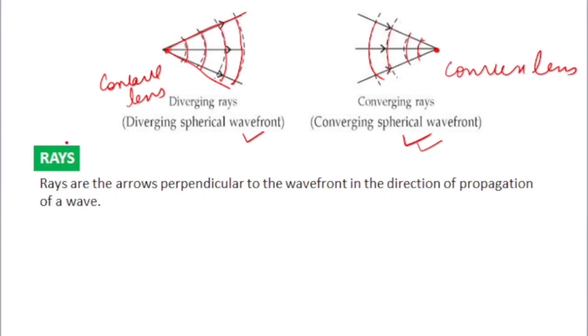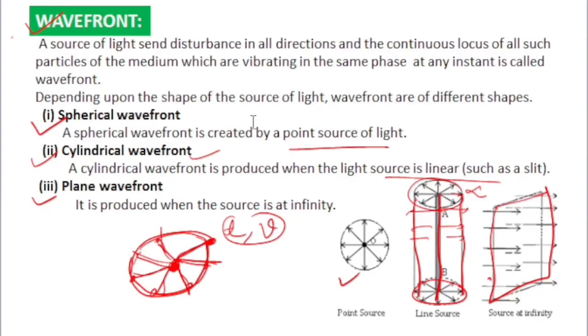Right? Now what do you mean by a ray? This is the arrow drawn perpendicular to the wavefront. In this case also, suppose you draw a normal to this wavefront, that normal to this wavefront is called a ray.